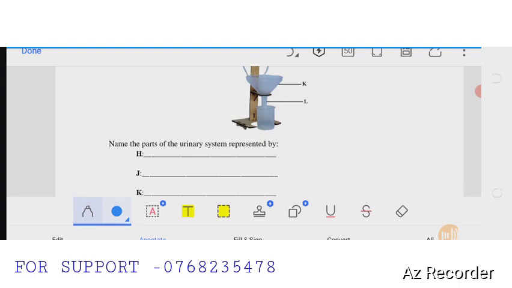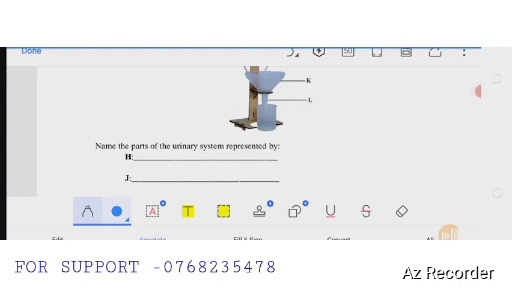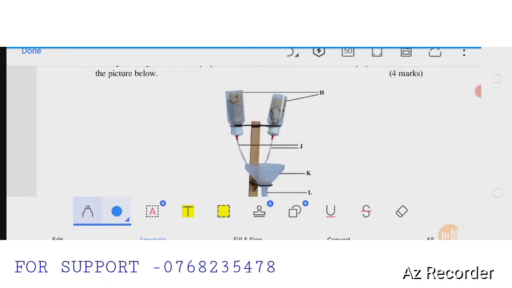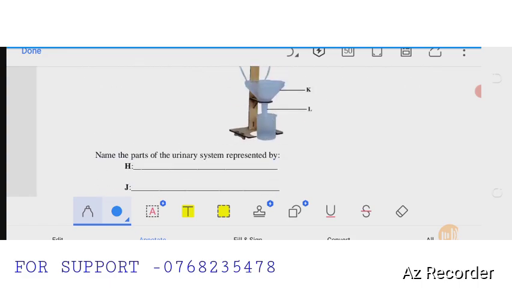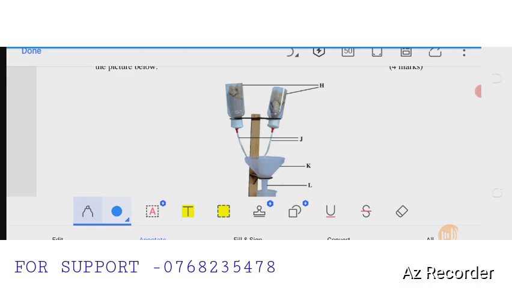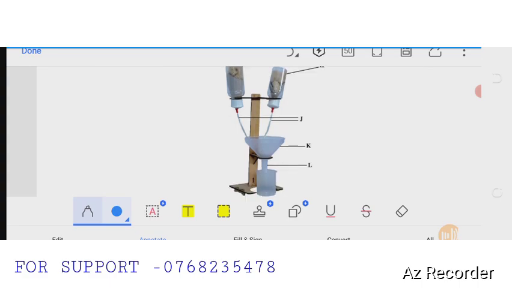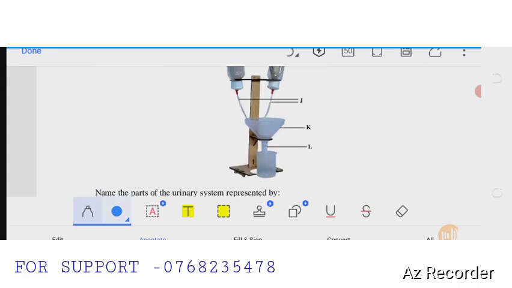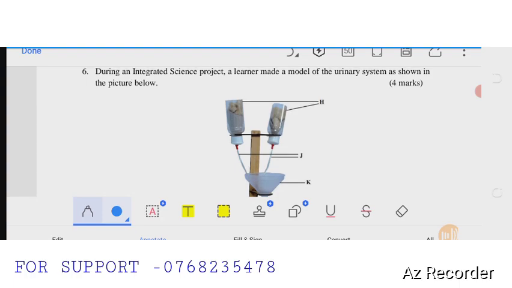The question says, name the parts of the urinary system represented by. So H represents the kidneys, J represents the ureters, K represents the urinary bladder, and finally L represents the urethra. If you clearly know the parts of the urinary system, this is just but a model.